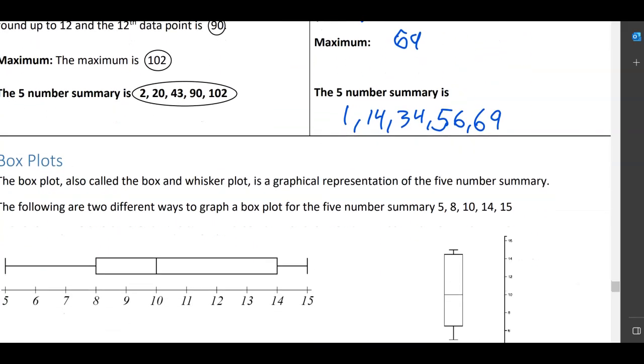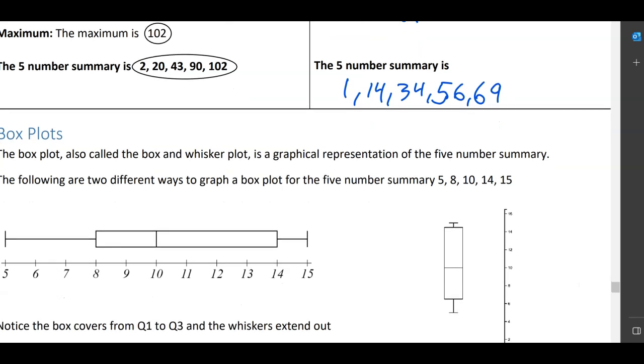Box plots, a visual representation of the 5-number summary. This is the minimum, this is Q1, Q2 or the median, this is Q3, and this is the max. The 5-number summaries correspond with the 5 vertical lines.